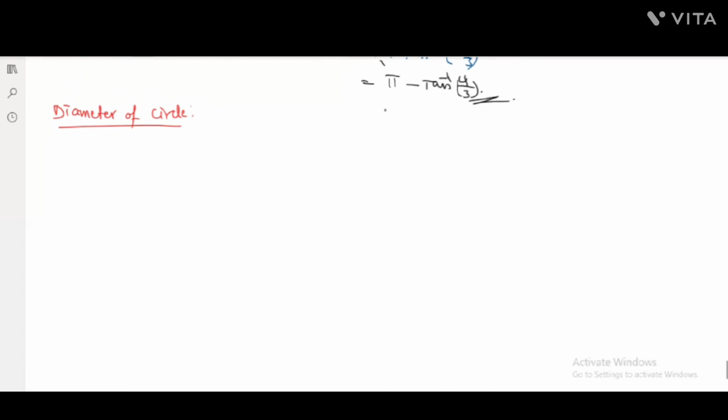if I take the circle like this, so let's say this is the circle equation. If I draw many curves which are parallel to each other, we can take like this.